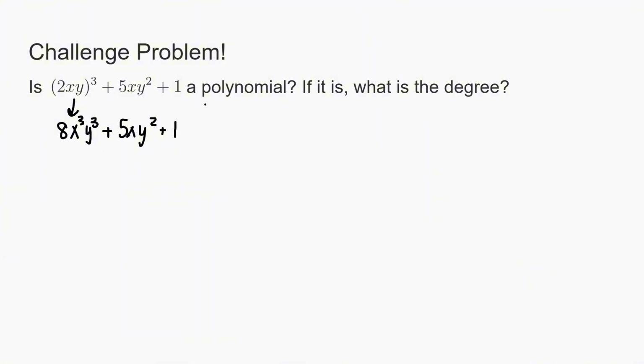Now, taking a look at everything, is this a polynomial? Yes, it is a polynomial because we have constants multiplied by variables with exponents. And as you can see, we're not dividing by any variables, and we also have non-negative integer exponents. So this is a polynomial. Now, what is the degree?